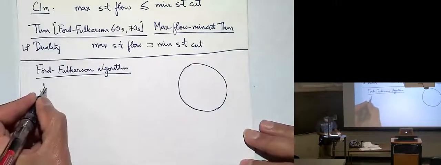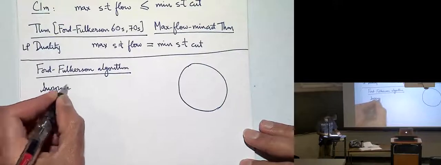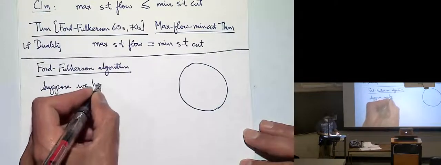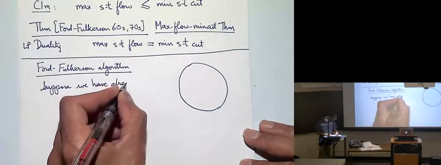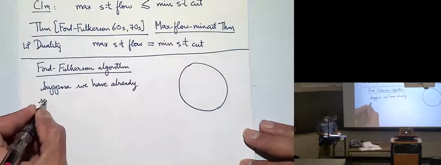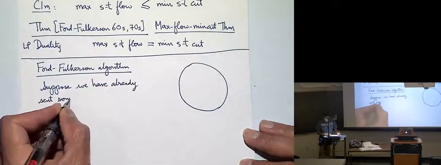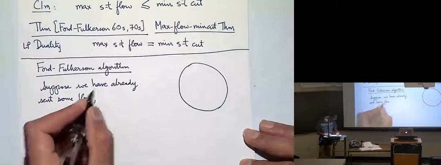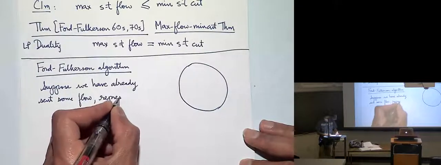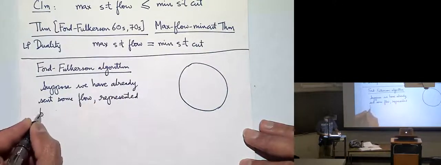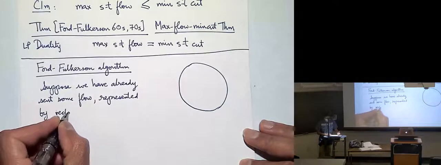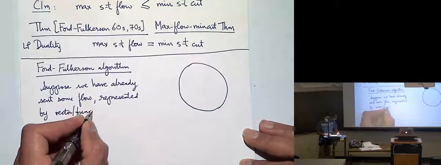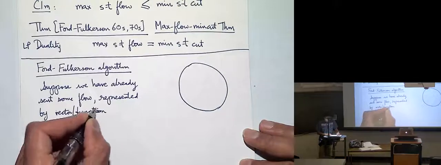suppose we have already sent some flow represented by a vector or a function f.